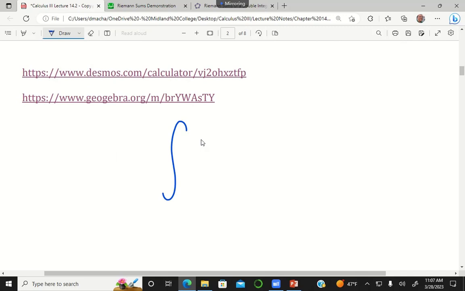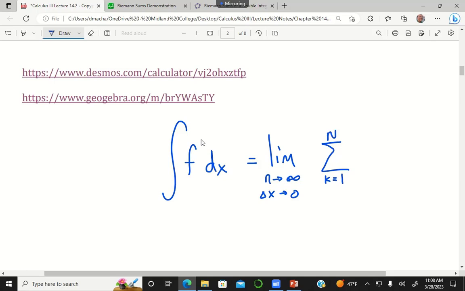So, for a single integral over some function, this is the limit as n approaches infinity and delta x approaches 0 of a certain sum, where k is allowed to go from 1 to n, of f evaluated at some point within each of those intervals times the width of the interval.